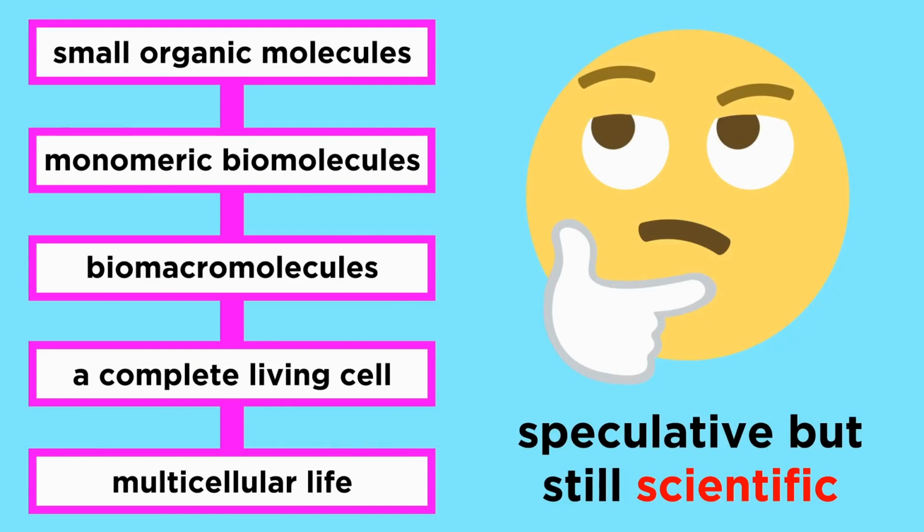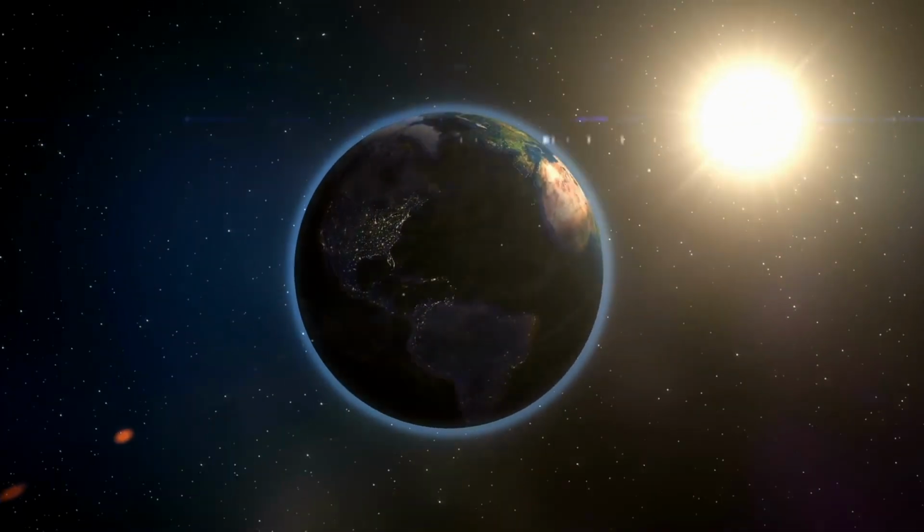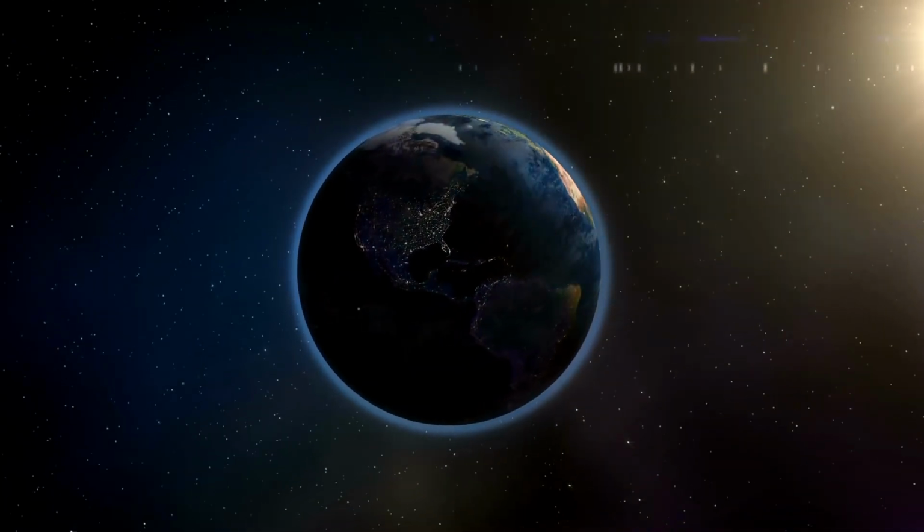But it is rooted in firm science and testable hypotheses, so let's move to the time period where an extensive fossil record begins. We can look at fossils to learn about living organisms that existed at any point over the past several billion years, which gives us incredible insight into the history of the Earth.